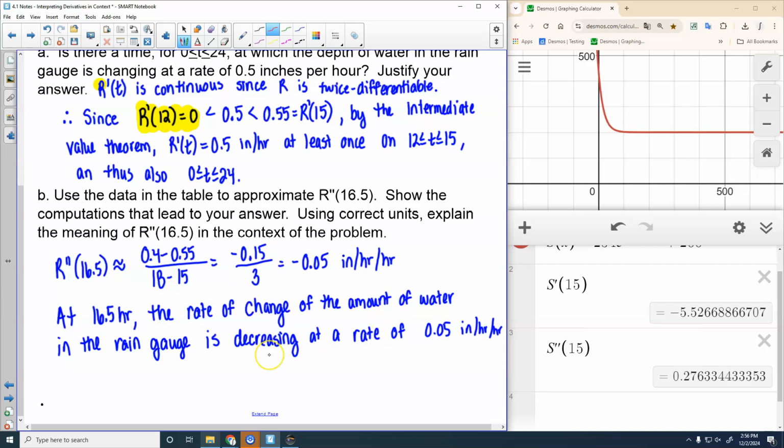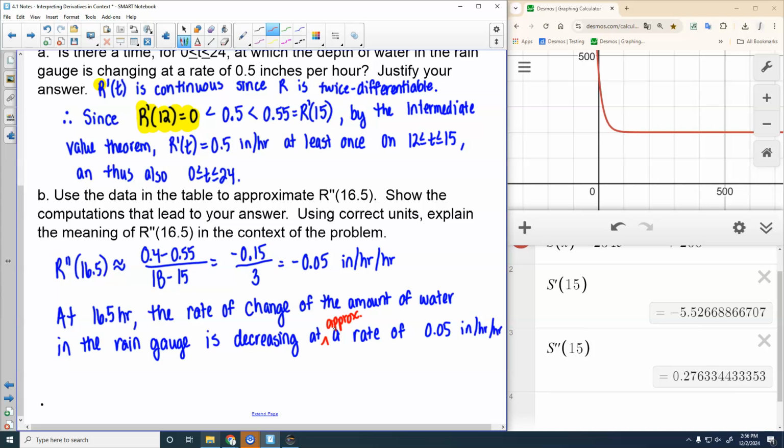So I probably should add the word approximately: the rate of change of water in the rain gauge is decreasing at approximately a rate of 0.05 inches per hour, since technically this is an estimate and not the actual amount. If you leave it out, they're probably not going to count off for that here.